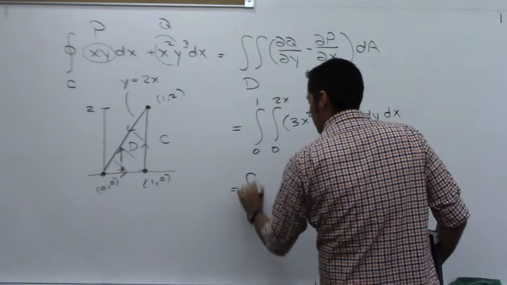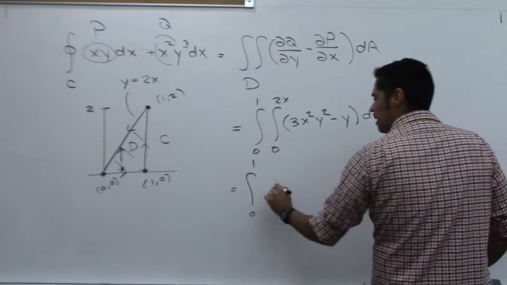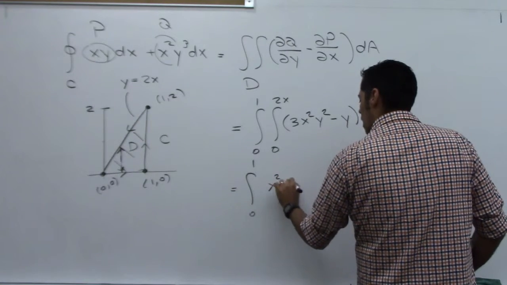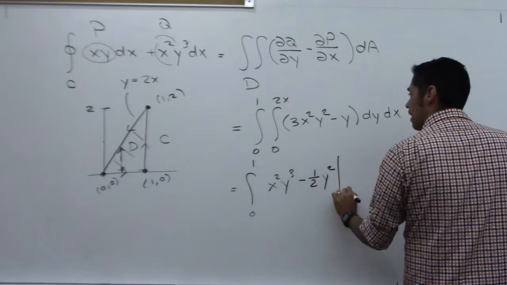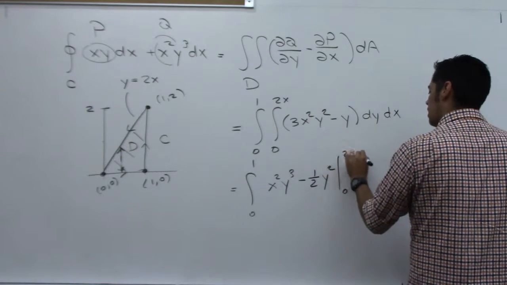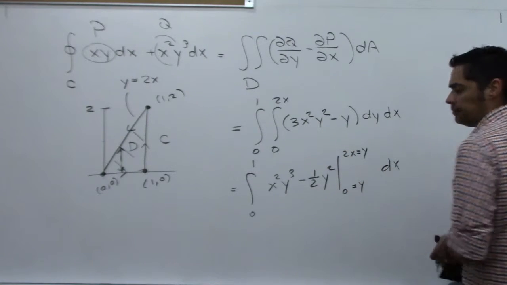So the antiderivative of this with respect to y would be x squared y cubed minus 1/2 y squared, evaluated from y equals 0 to 2x, dx.